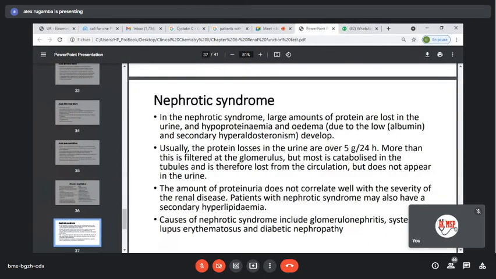I told you that the kidney might also participate in metabolism, like beta oxidation and other metabolism. If there is impairment there, the lipid metabolism will be impaired.